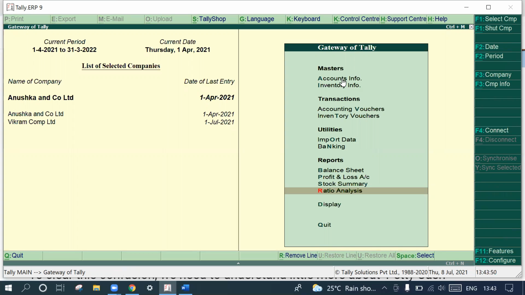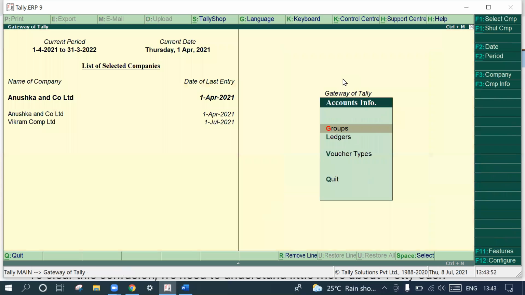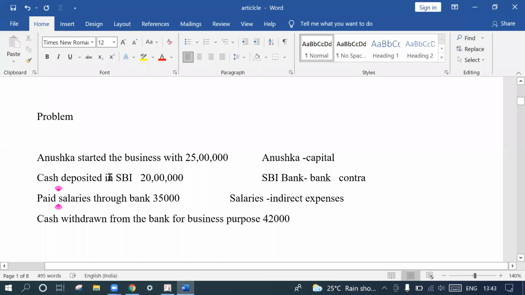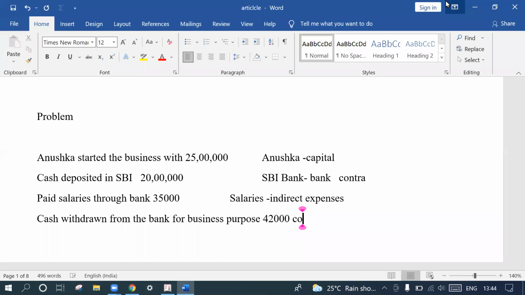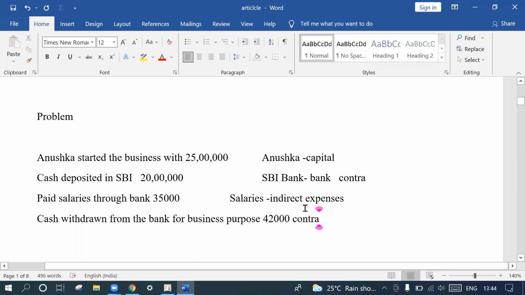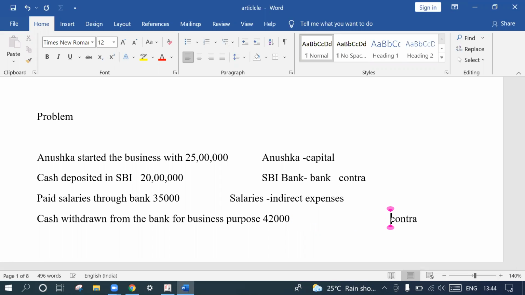So in this problem, we have seen the contra entries. This is also seen in two transactions. So what are they?